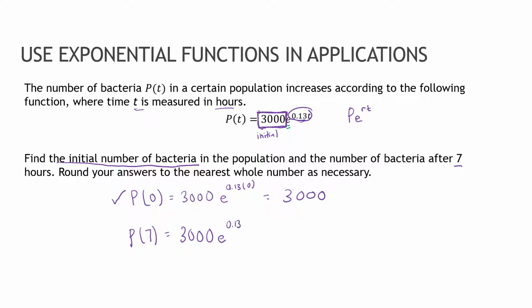My rate is 0.13, my time is 7. So I'm going to do the exact same thing I did before, replacing 0 with 7. And I find that after 7 hours, the number of bacteria is 7452.97 if I round correctly, bacteria.